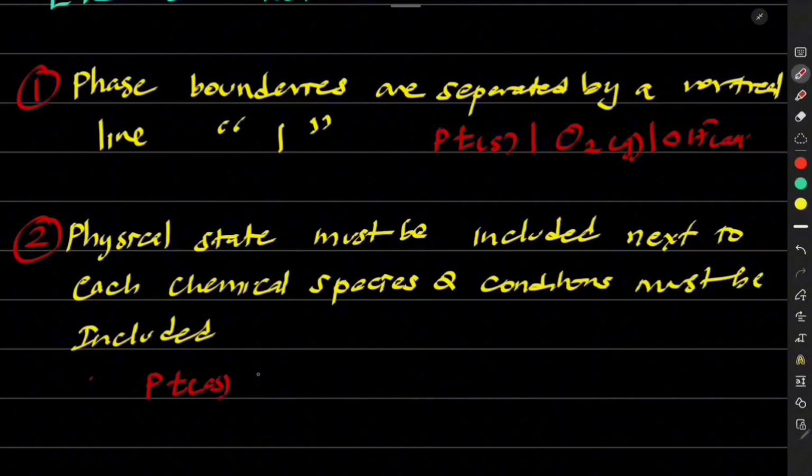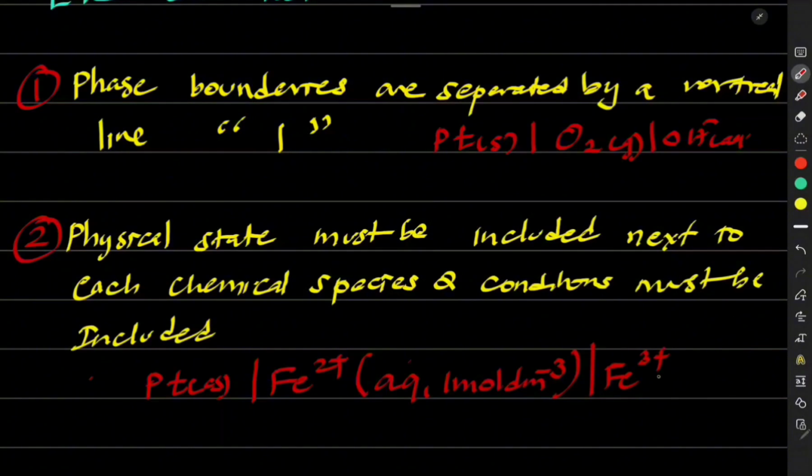Pt solid interface and Fe2 plus aqueous, 1 mole dm minus 3, interface Fe3 plus aqueous, and 1 mole dm minus 3. If the temperature or atmospheric pressure are given, you should also mention those.